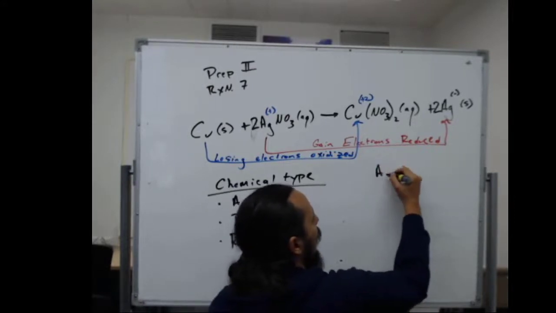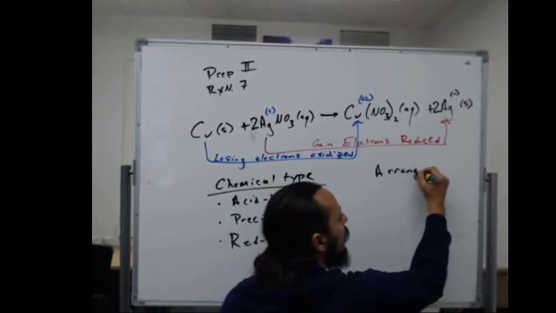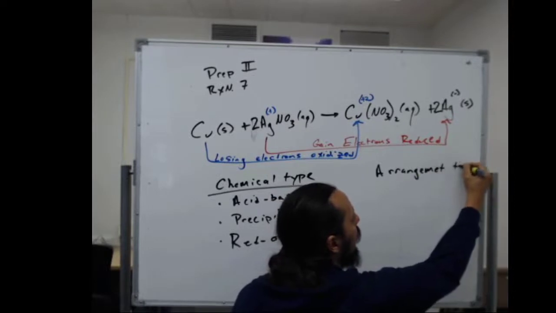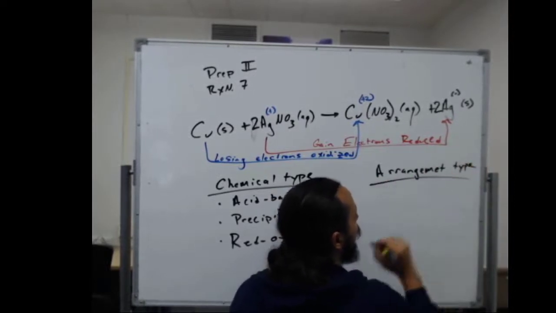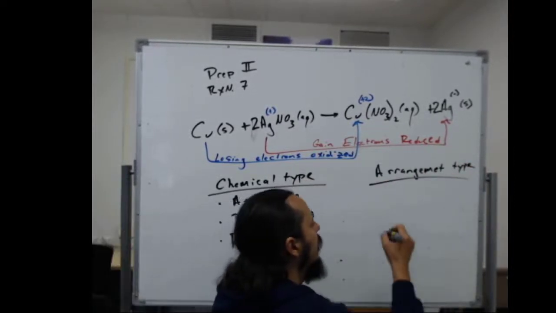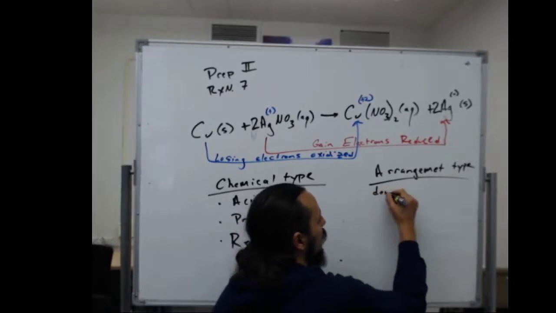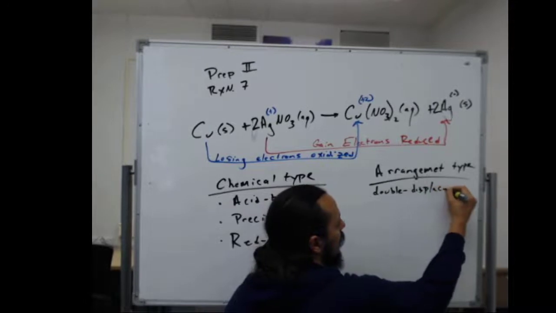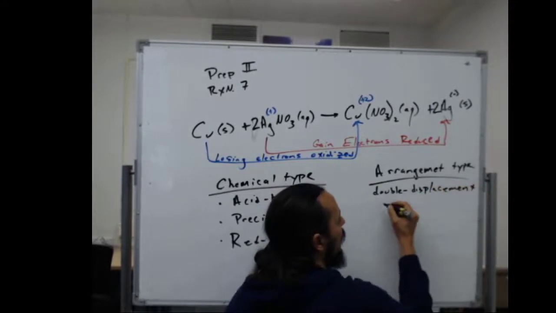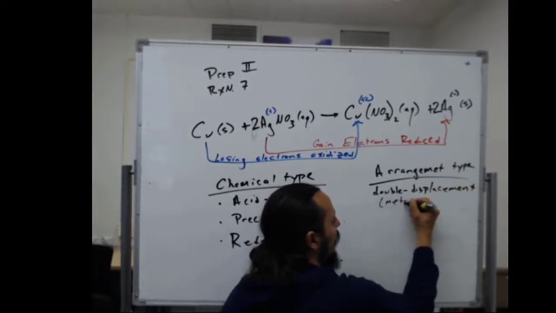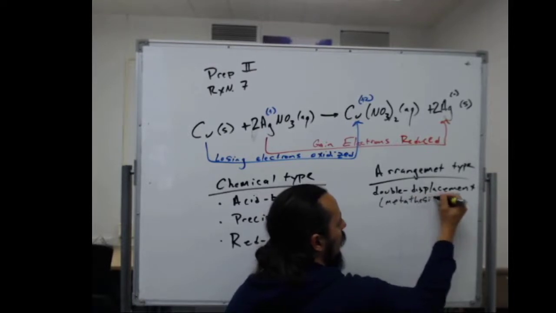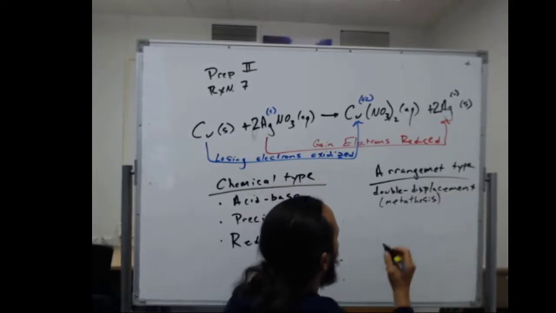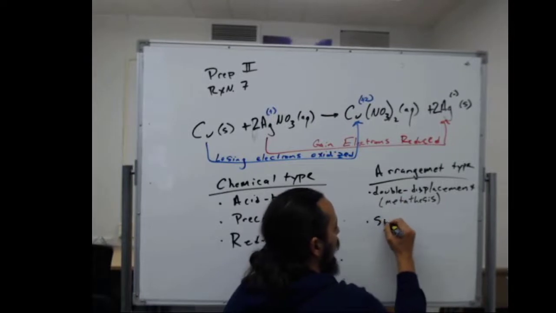And then you've got what I call the arrangement type. And this is where you've got double displacement, also called metathesis. I hope I spelled that right. Single displacement.